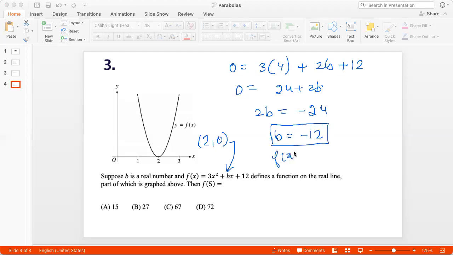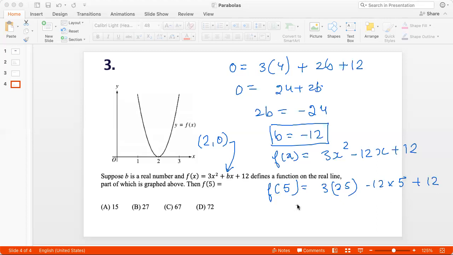So f(x) is equal to 3x² − 12x + 12. So f(5) would be 3 times 25 − 12 times 5 + 12. So that's 75 − 60 + 12, which is 15 + 12, 27. So the answer is B.